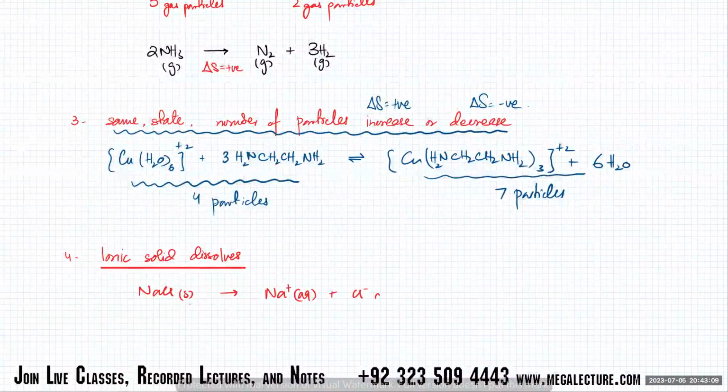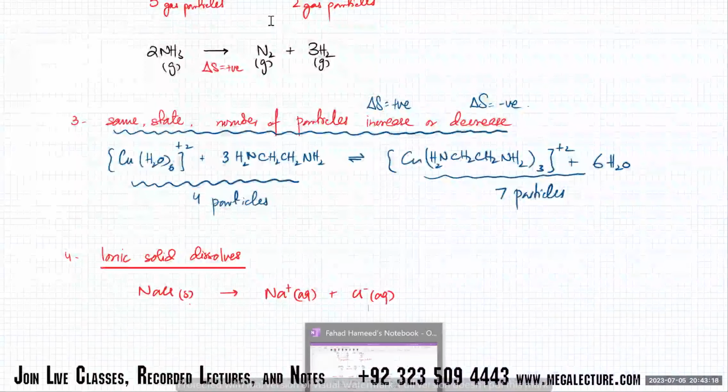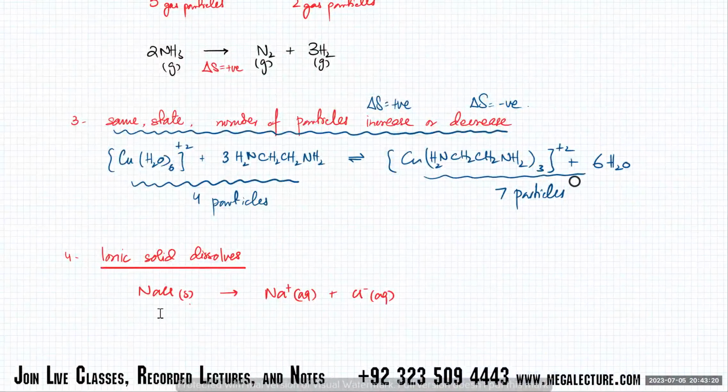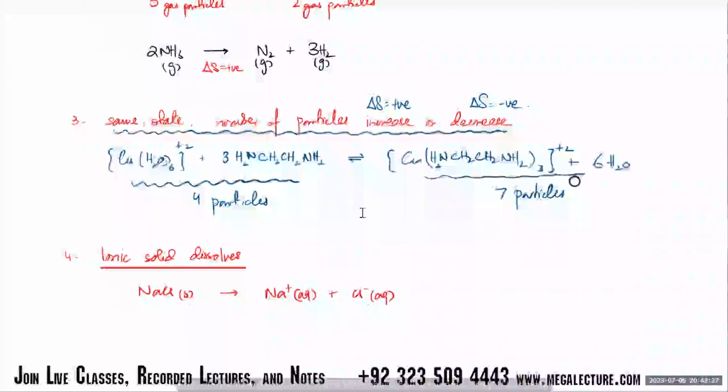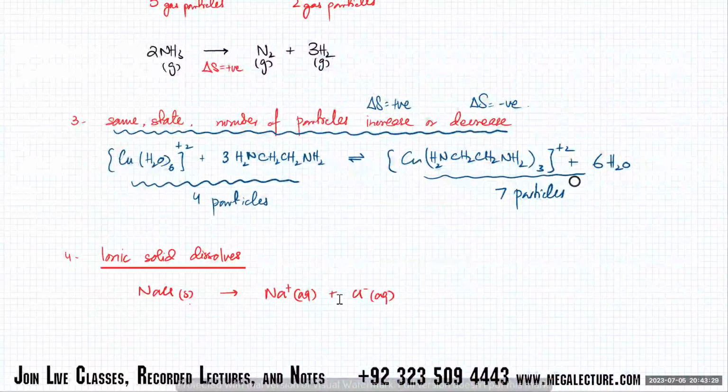One of the reasons why disorder would increase is that in a solid the particles have a regular fixed pattern, while in the aqueous state they're going to be randomly moving around, so there's going to be more disorder, plus the number of particles also increases because they dissociate.